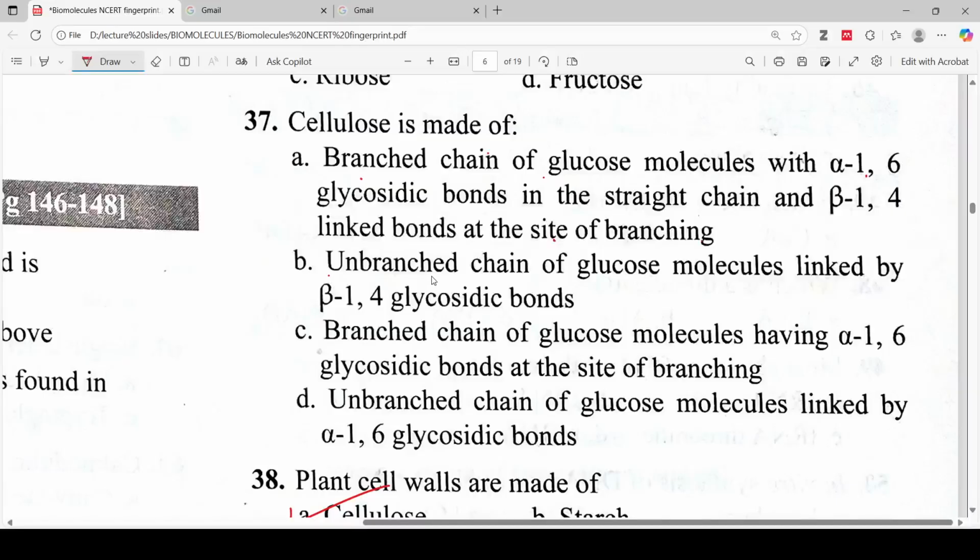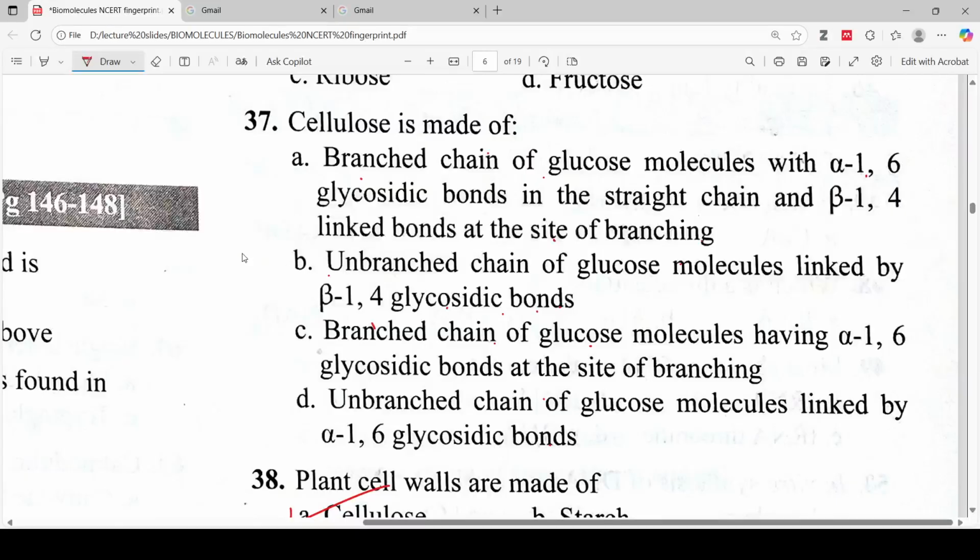Option B, unbranched chain of glucose molecules linked by beta 1,4 glycosidic bonds. Option C, branched chain of glucose molecules having alpha 1,6 glycosidic bonds at the site of branching. Option D, unbranched chain of glucose molecules linked by alpha 1,6 glycosidic bonds.